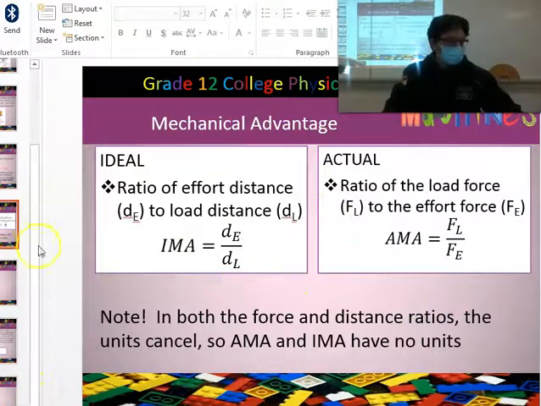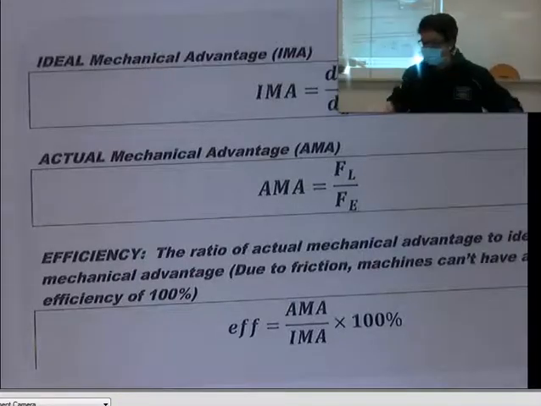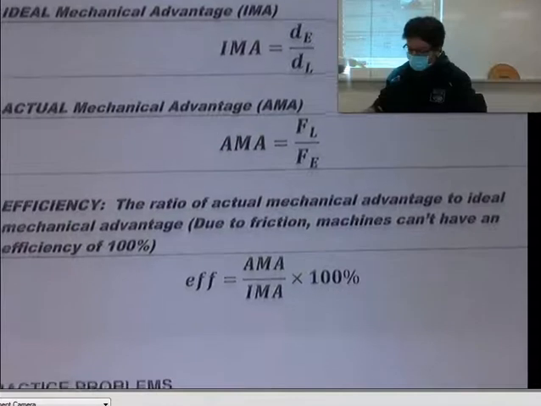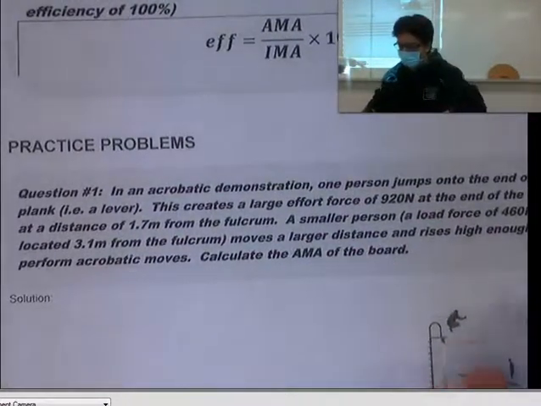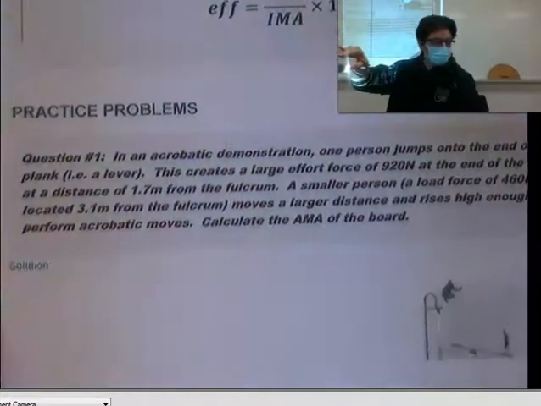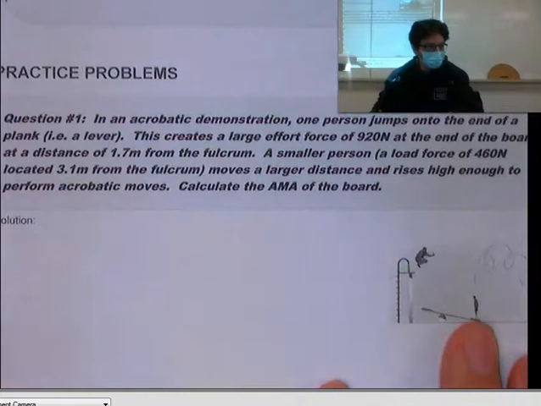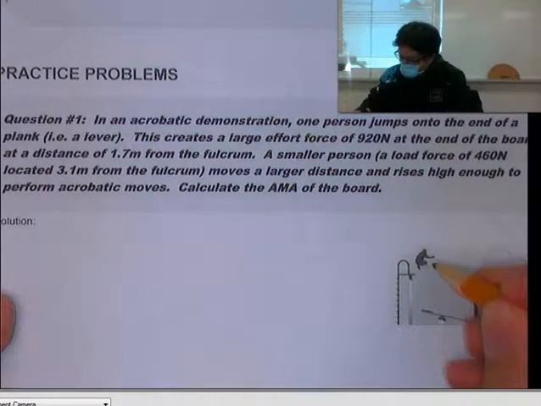All right, so let's actually look at mechanical advantage in a couple problems. So those are our equations. Here will be our first problem. Question 1. In an acrobatic demonstration, one person jumps onto the end of a plank.